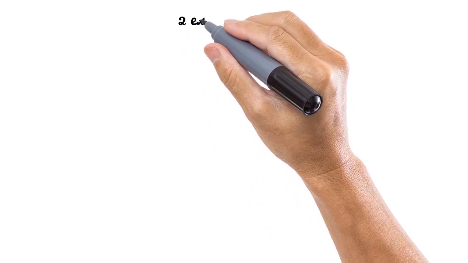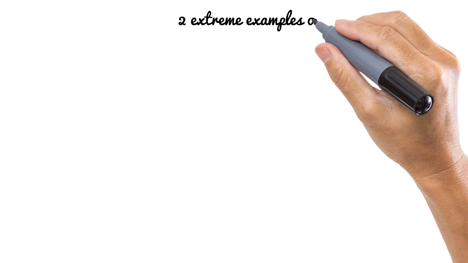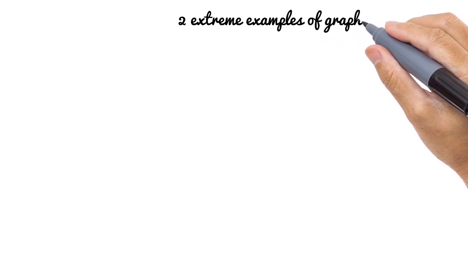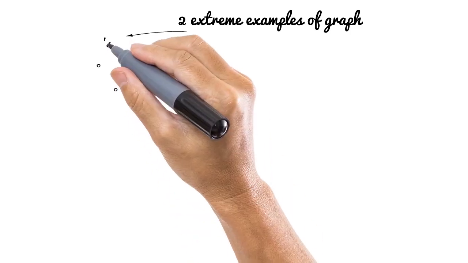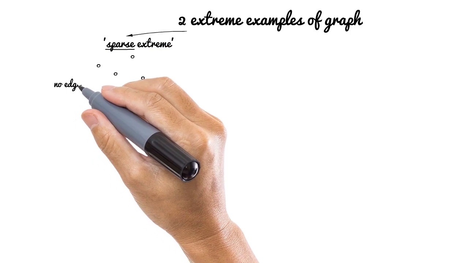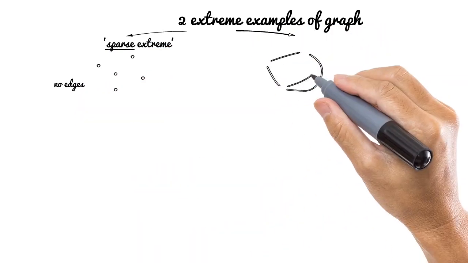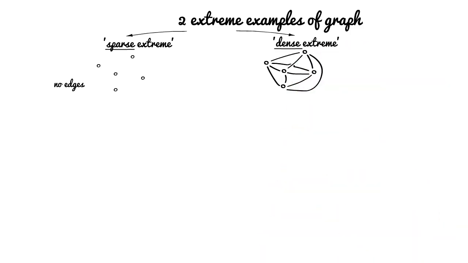Even though graph by definition is a set of vertices connected pairwise by edges, we need to realize that there might be two extreme examples of graphs. First, sparse extreme, graph with set of vertices and no or not yet connecting edges. Second, dense extreme, graph with full mesh of edges connecting each vertex to all other vertices.